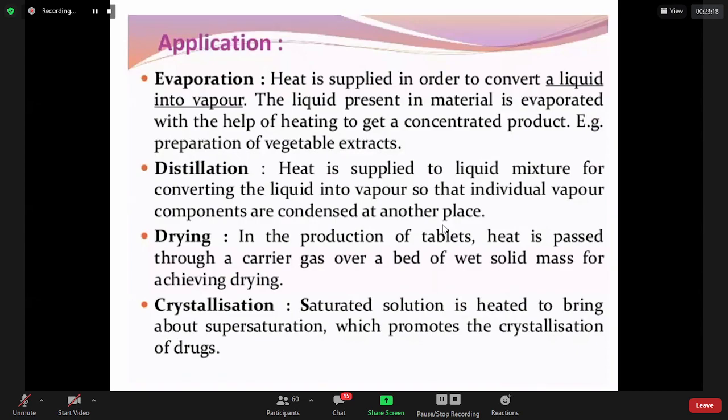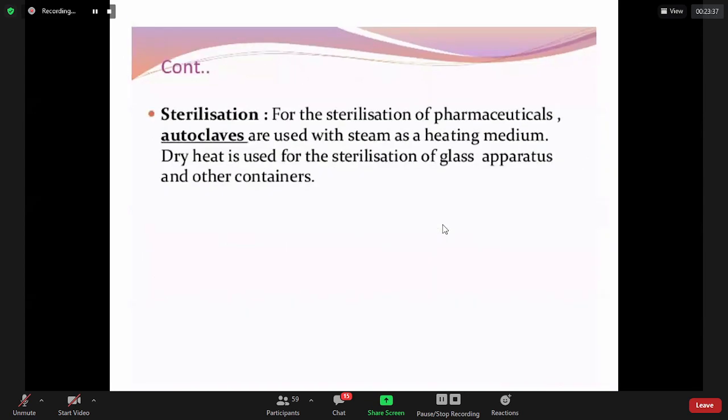When you filter, you remain with the solids, and then the liquid comes down. Remember, the liquid that comes down is again supersaturated. You can still heat so that you promote crystallization. As you continue doing that, you'll be able to get your dry product.